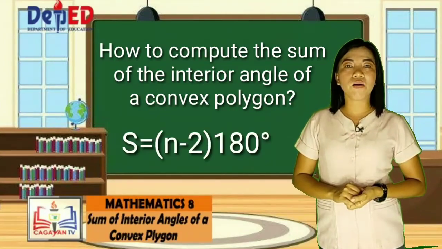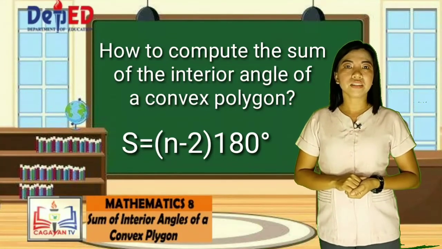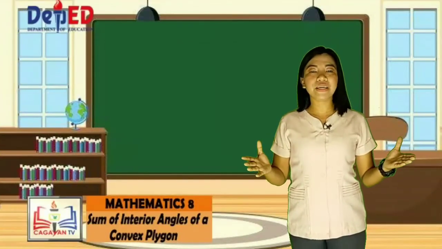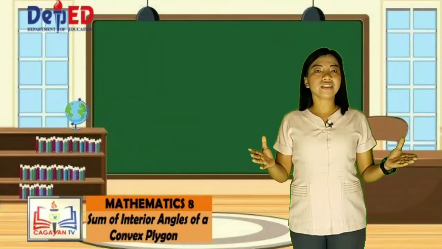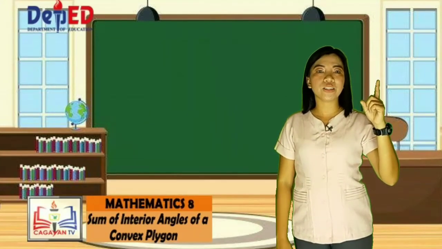S is equal to the quantity n minus 2 times 180 degrees. To test for being a matinik, you answer the following problems. You have 60 seconds to answer each problem.